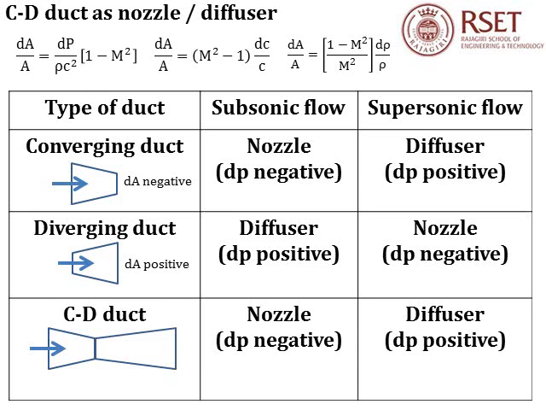So, a supersonic flow can be decelerated to a subsonic flow isentropically, that is without any available energy loss, using a CD duct, provided we have a supersonic flow condition at the inlet and at the throat Mach number is equal to unity.